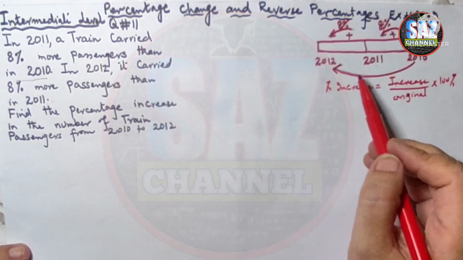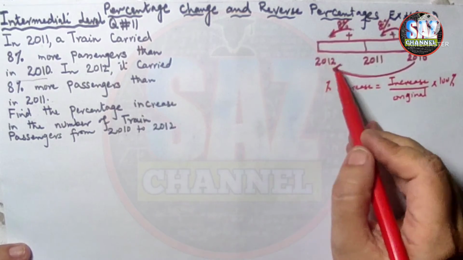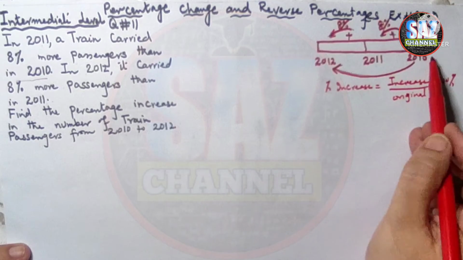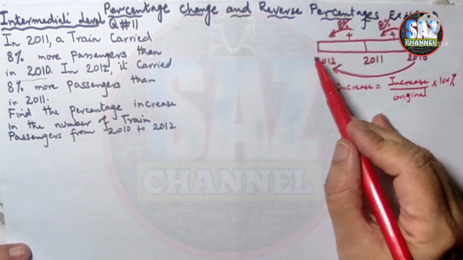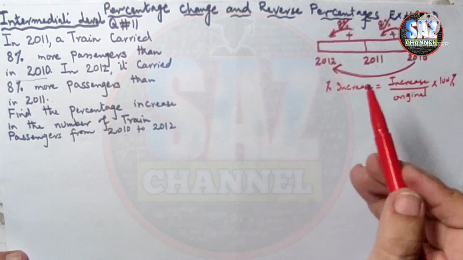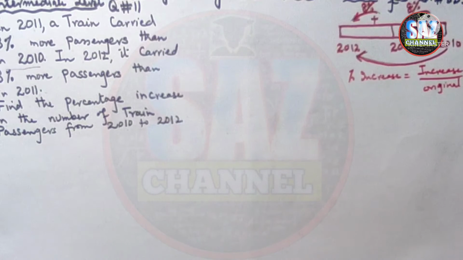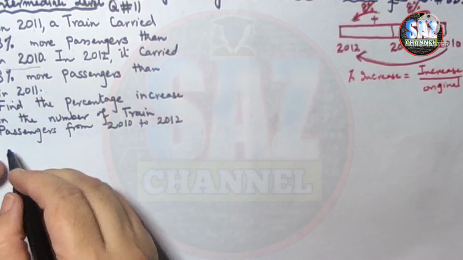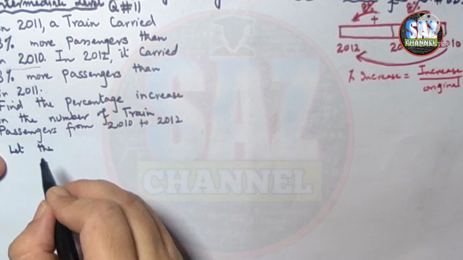So first of all, we need a method that will tell us how many passengers the train was carrying in 2010 and how many in 2012.